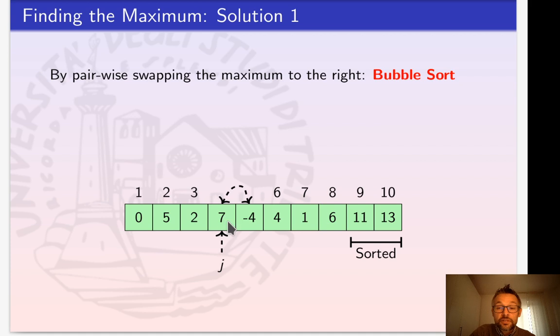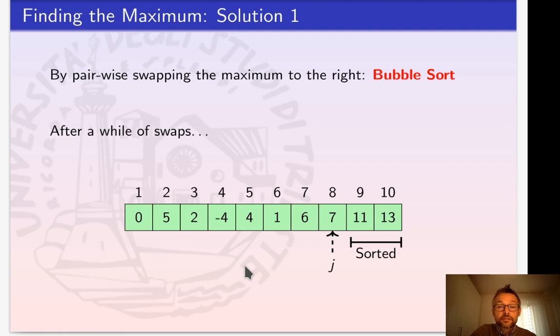And again, we need to test whether 7 is greater than 4. If this is the case, we need to swap them, okay. And after a while, we end up in a situation in which the maximum among all the elements in the unsorted part of the array ends up in the last position of the unsorted part of the array.